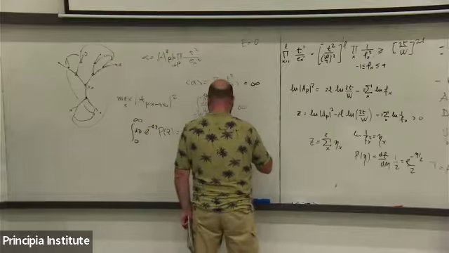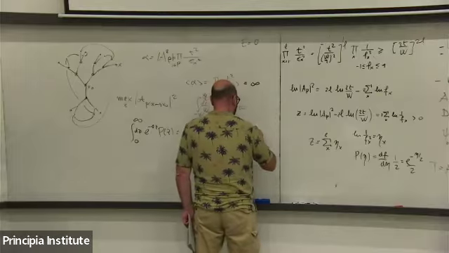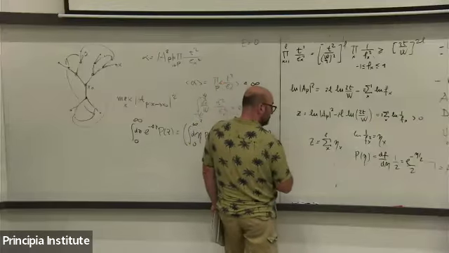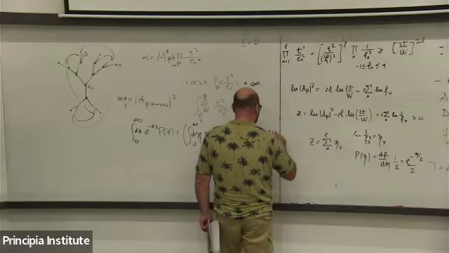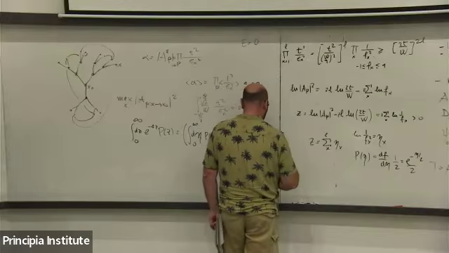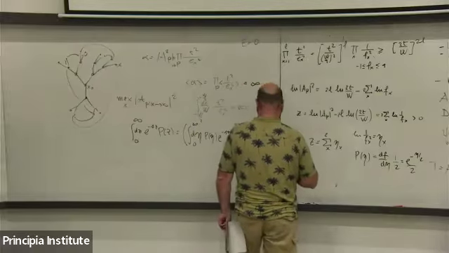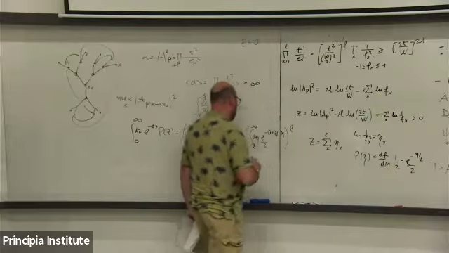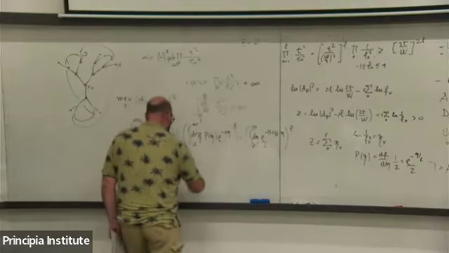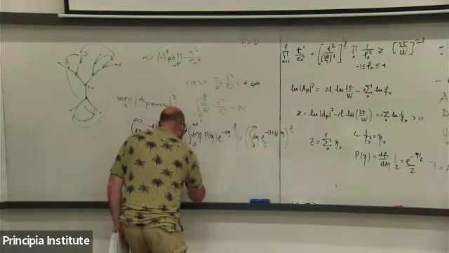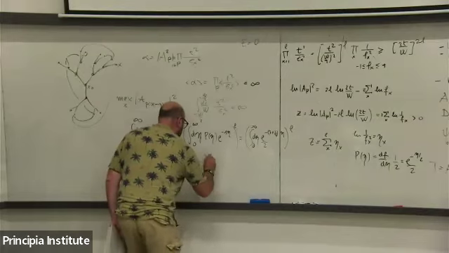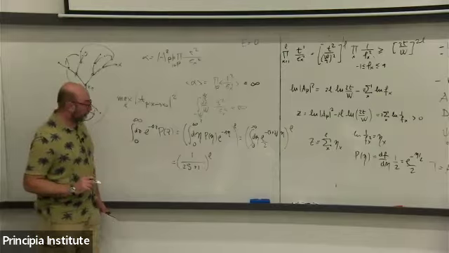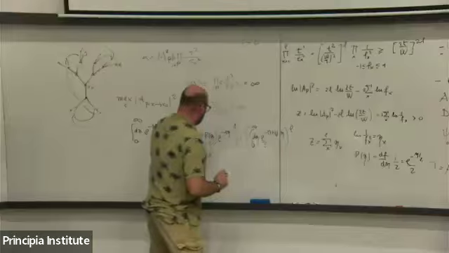And this is the integral from 0 to infinity d eta, e to the minus s plus 1 half eta divided by 2, to the L. So this is 1 divided by 2s plus 1 to the L. Good.